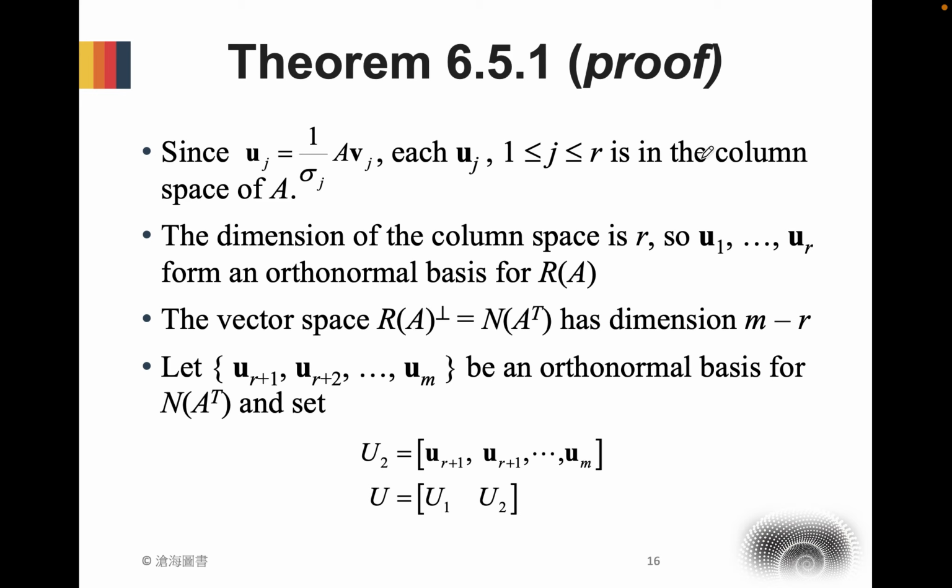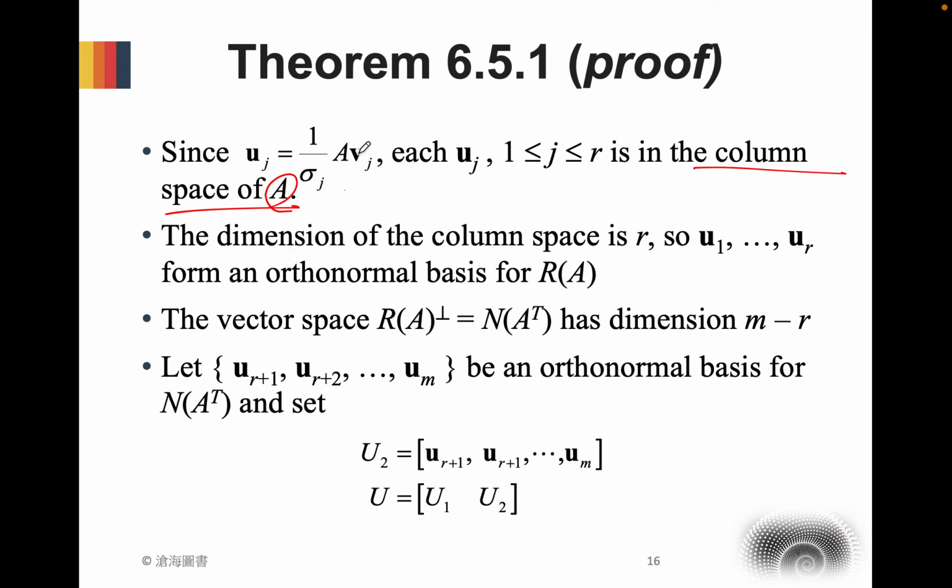Now, since Uj is equal to AVJ divided by sigma J for each Uj, because we can write down this equation, each Uj is in the column space of A, right?